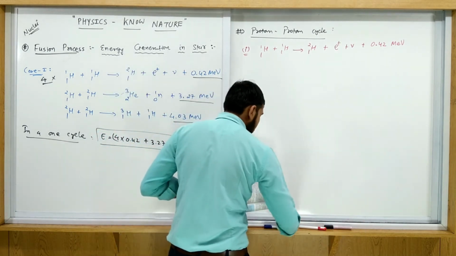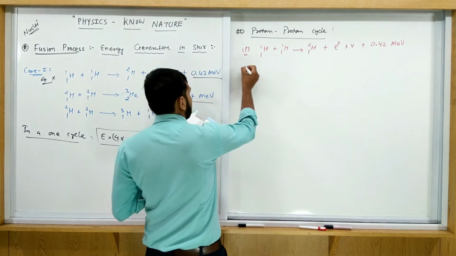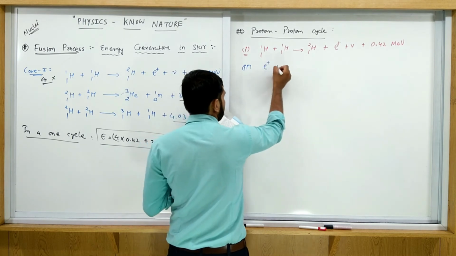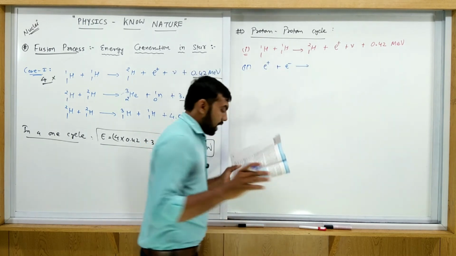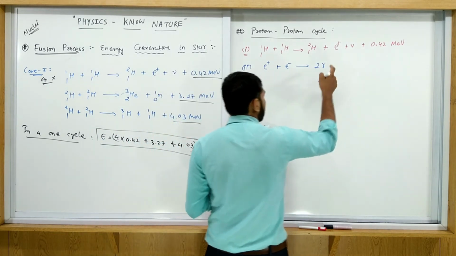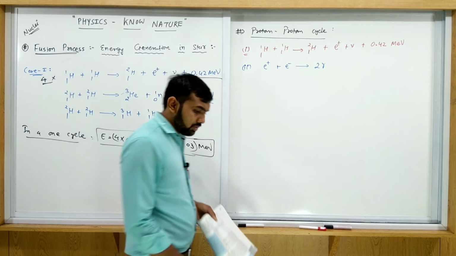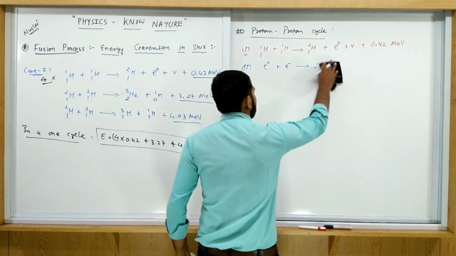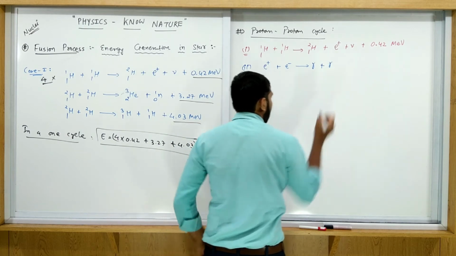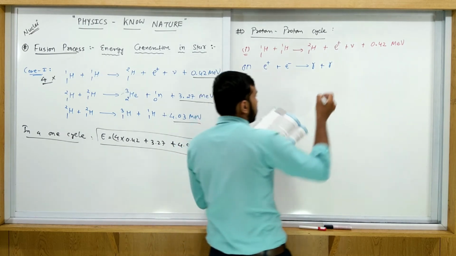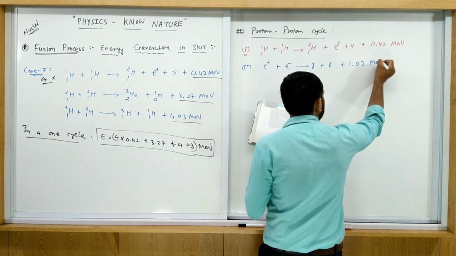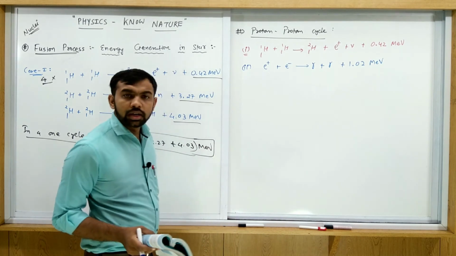Now the second process: beta plus and beta minus are combined to each other, and two gamma rays are produced, gamma plus gamma, maybe with different energies, we don't know. In this process a total of 1.02 MeV energy will be released.